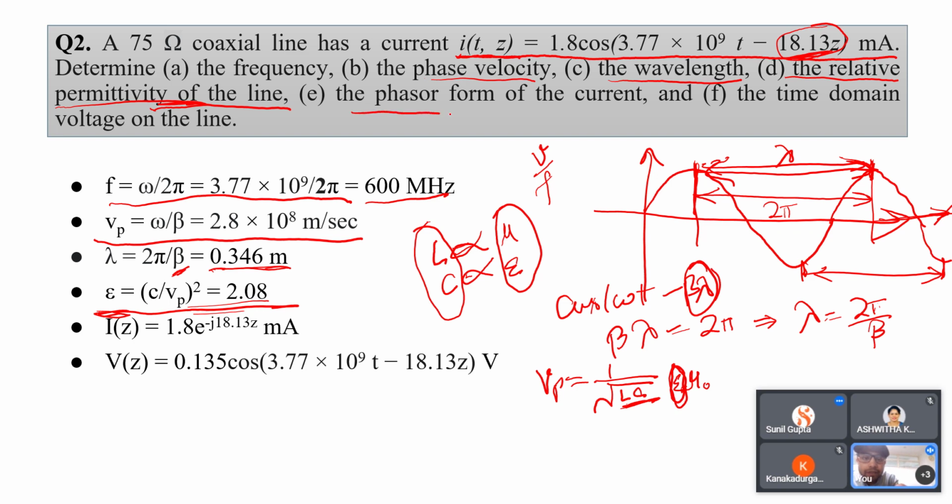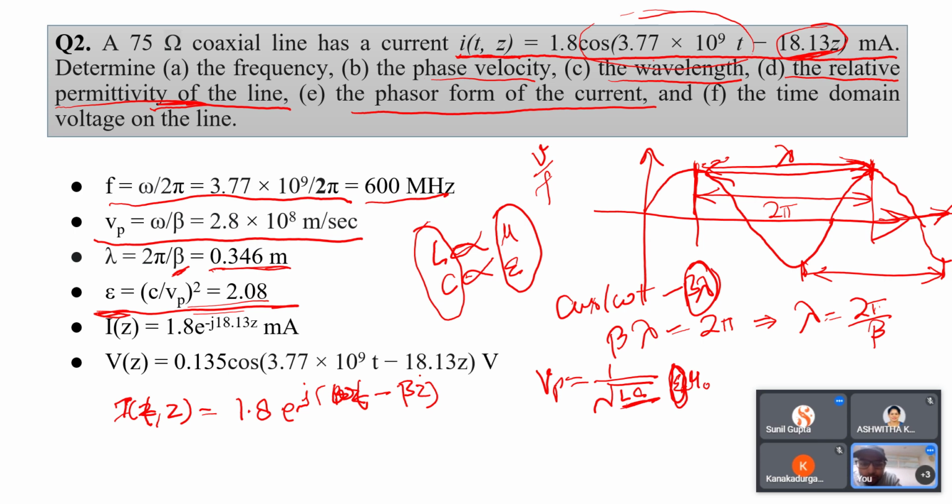After that, the phasor form of current he is asking. In case of phasor current, we have to remove the time dependence term. So first of all, let us define this in phasor terms. I of t comma z is defined as 1.8 e raised to the power j omega t minus beta z.